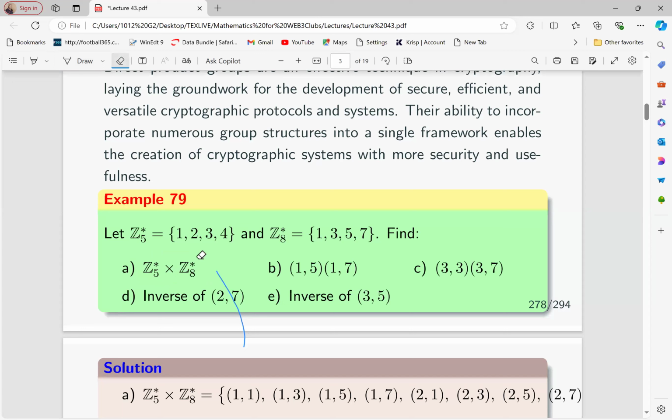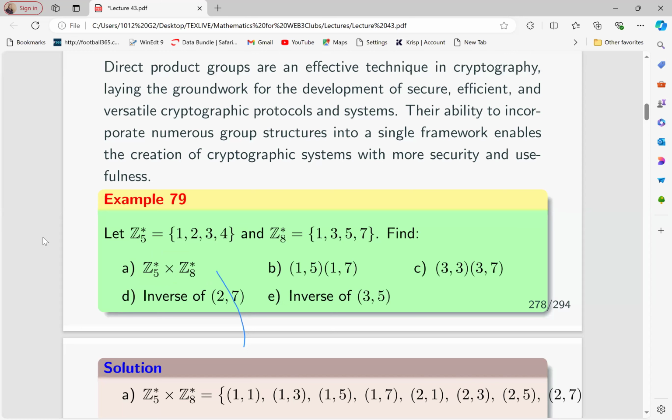Now, to get the elements of a direct product is very easy. We just do it the same way we did in high school. So let me show you. I have Z star 5 cross Z star 8.